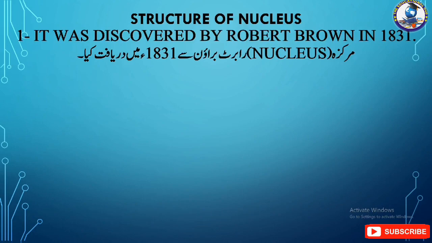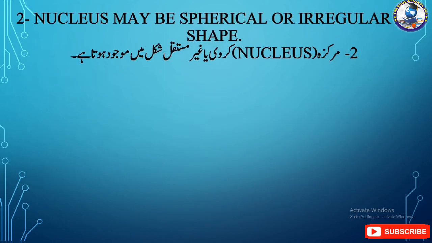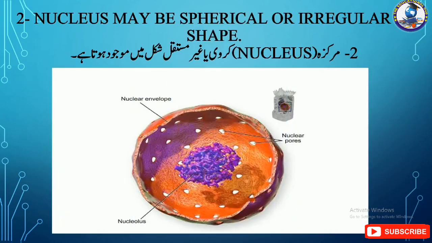If we talk about the structure of nucleus, in our previous lecture we have already discussed that the nucleus was discovered by Robert Brown in 1831. If we talk about the shape of a nucleus, so nucleus may be spherical or irregular in shape.